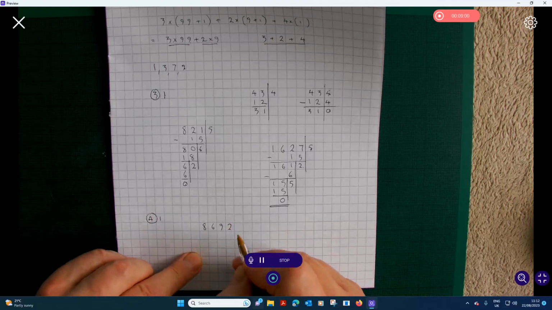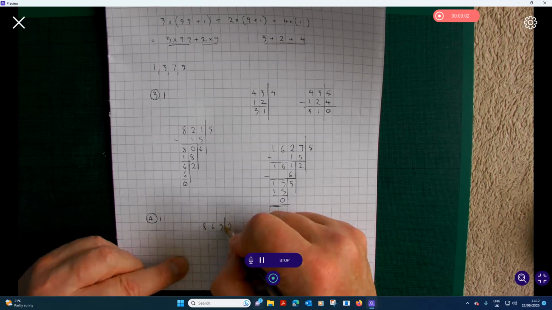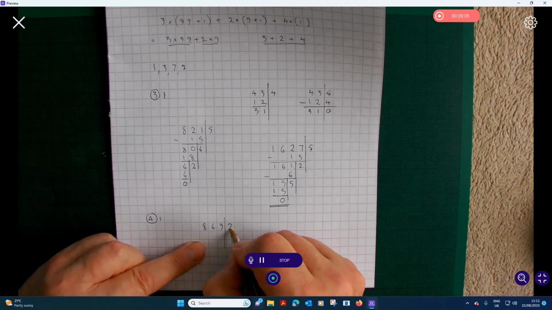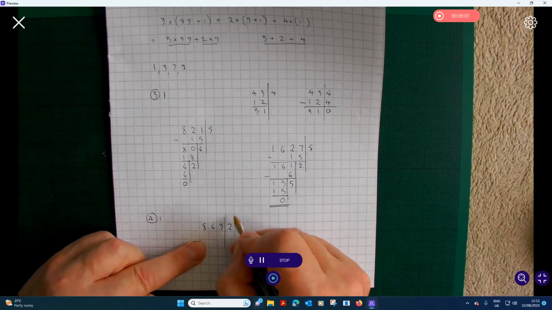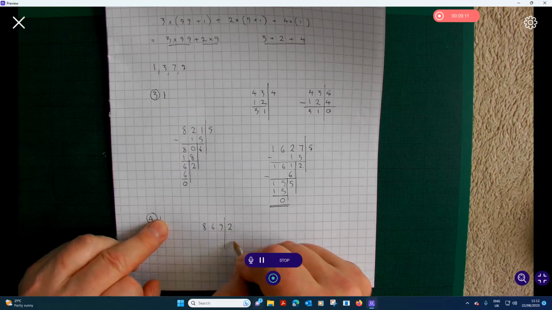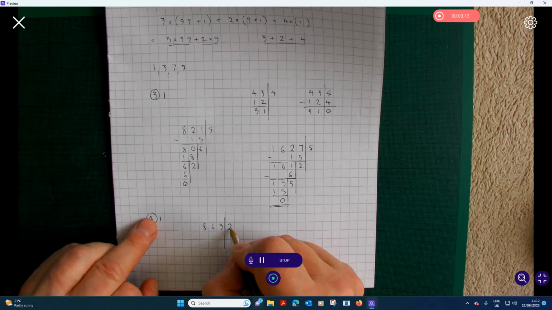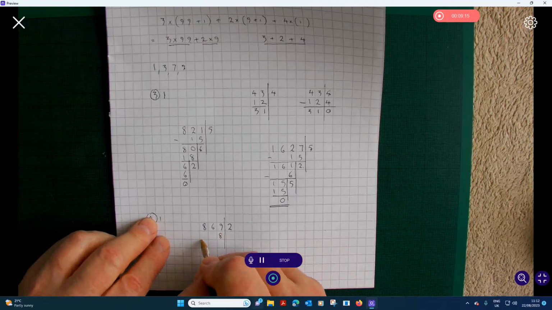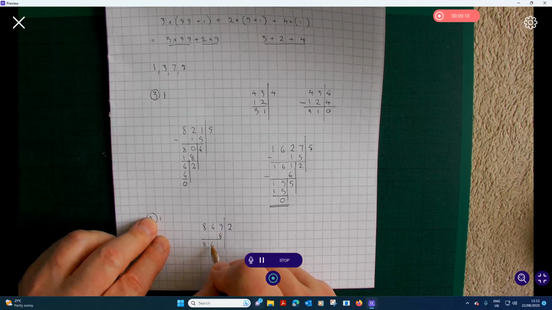And then I do the following. I mark off that rightmost column because I know I can neglect it. I know that 2 1s are 2, and when I do my subtraction I would get a 0 there. So 2 4s are 8, I put it there. 861.